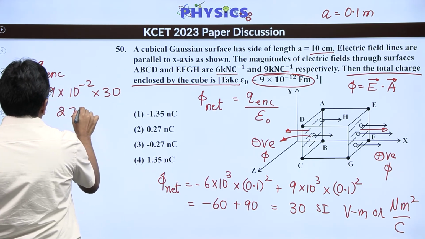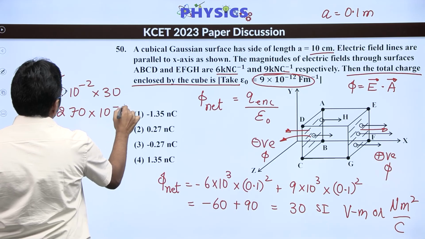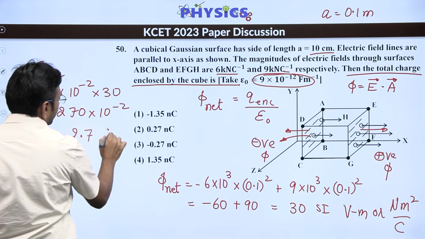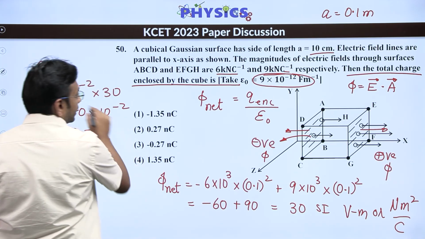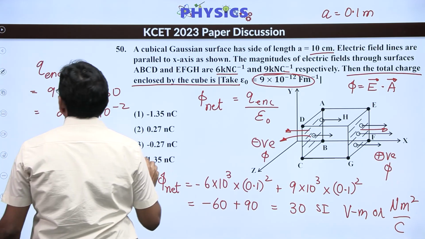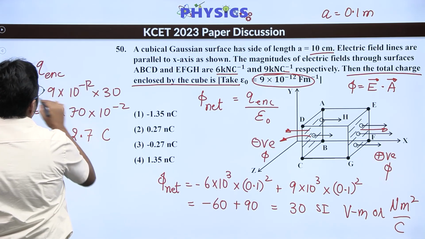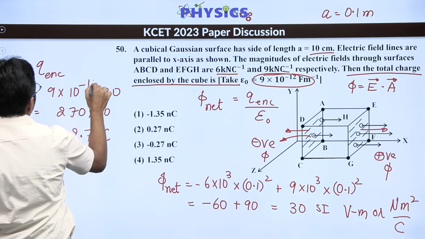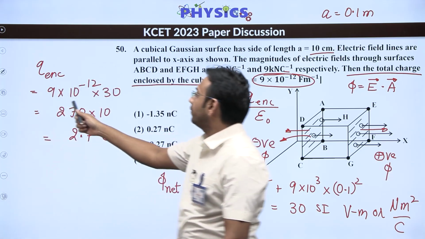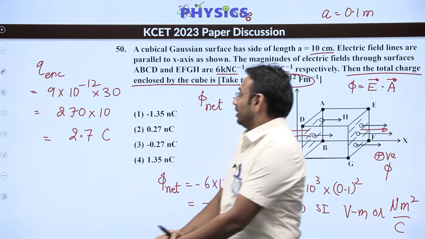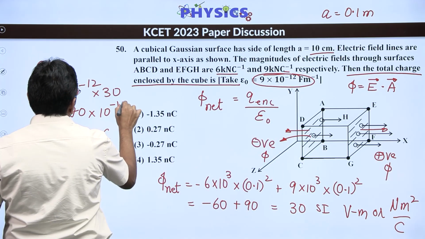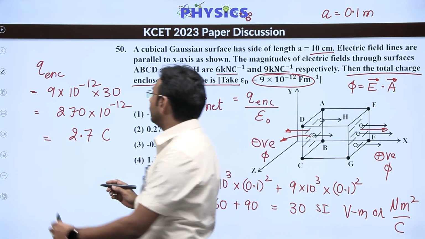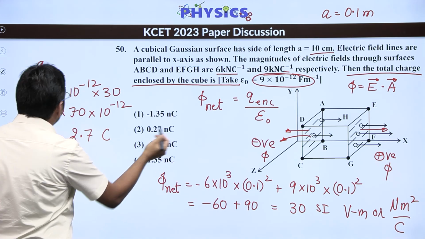270 into 10 power minus 12, sorry, this was 10 to the power minus 12. If we want it in the form in which they have given the options, then we have to convert into nano coulomb.